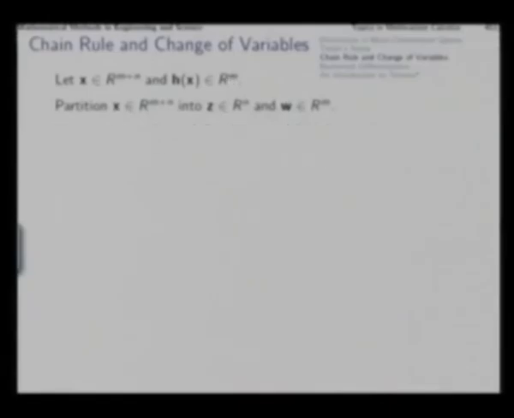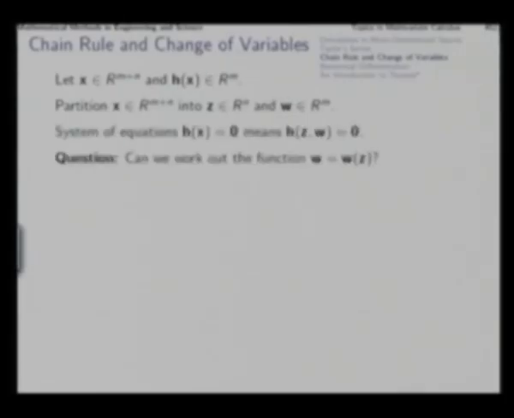If we partition this vector into two parts, n variables in z and the rest of the m variables in w, then this relationship becomes h of z and w.